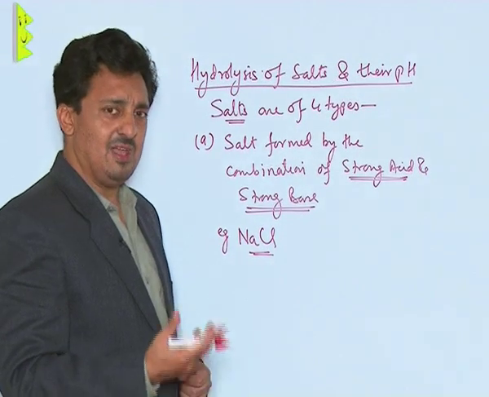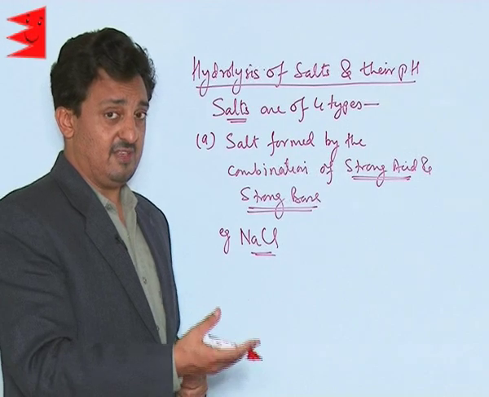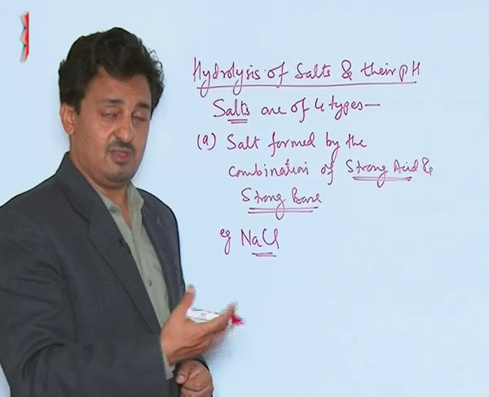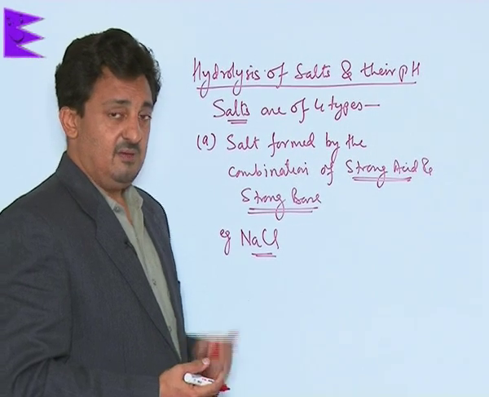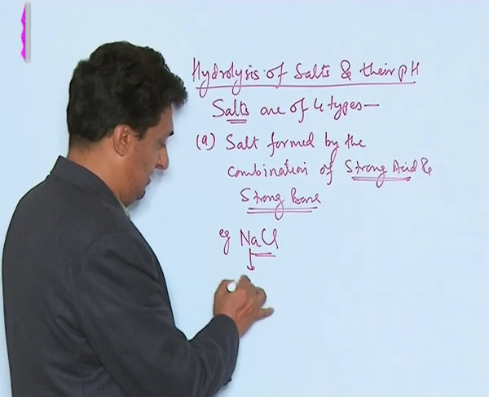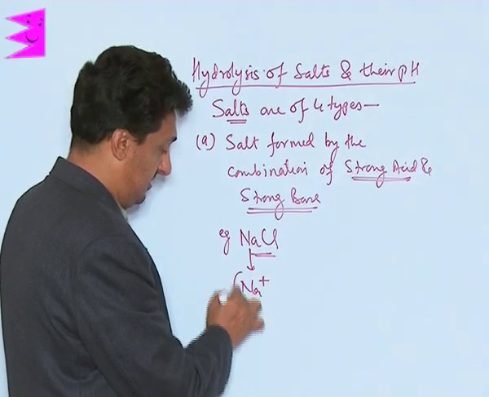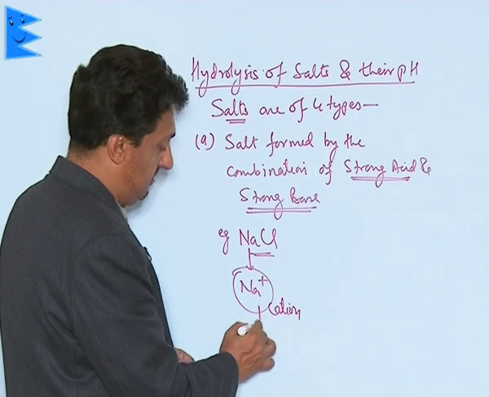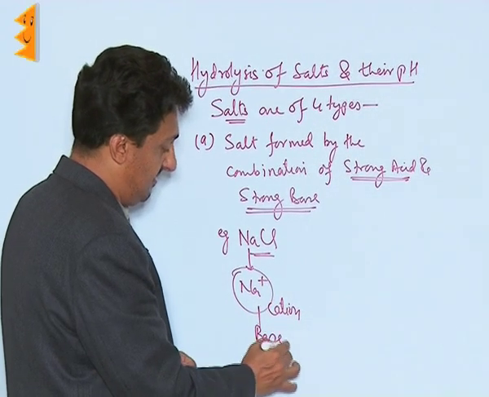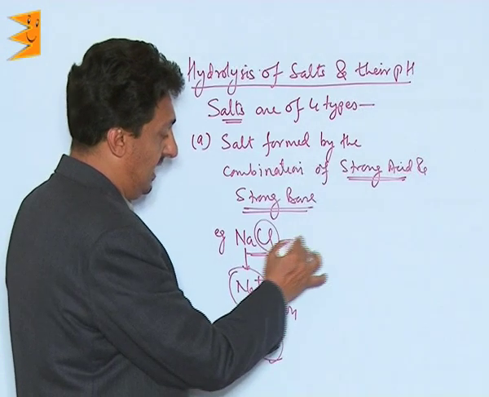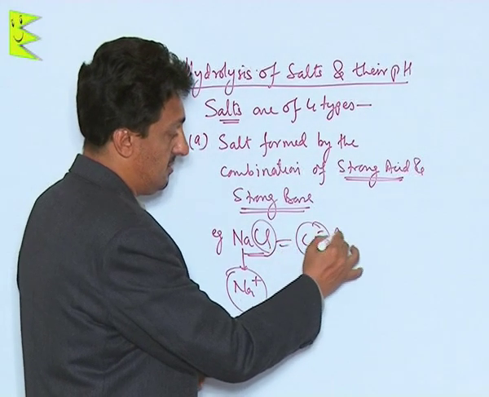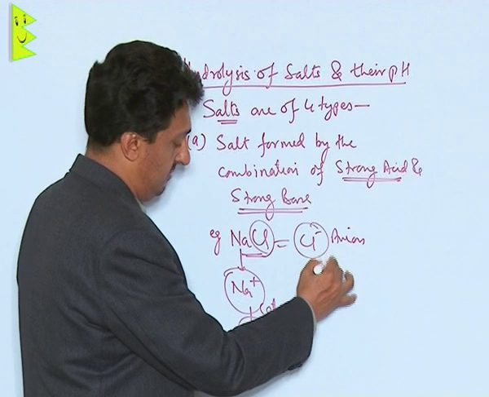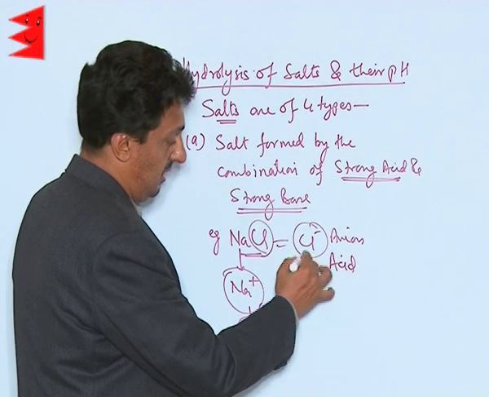How will you make out whether the given salt is of a strong acid or a strong base or a weak acid or a weak base? First, you must see the cation of the salt. Always remember, the cation comes from the base and the anion comes from the acid.